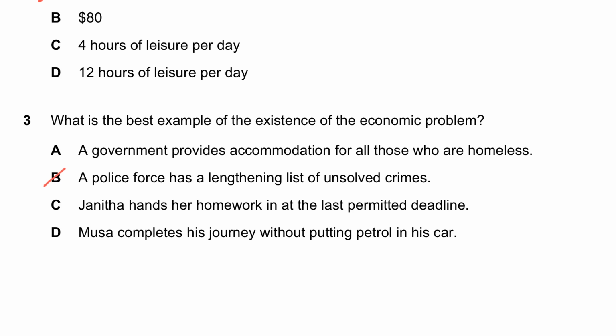C says Janita hands her homework in at the last permitted deadline. Well, that doesn't really show us any scarcity. And the last says Musa completes his journey without putting petrol in his car. That doesn't really make sense either. So the best answer is B, which is telling us that because of scarce resources, the police are unable to solve all the crimes, probably in a city.